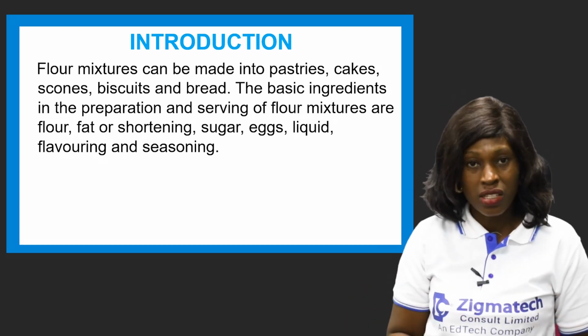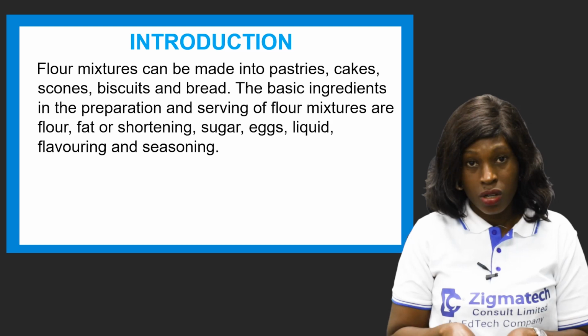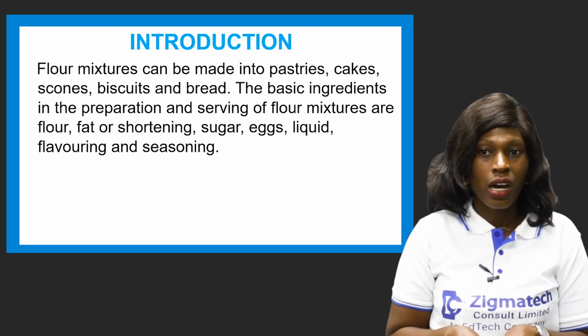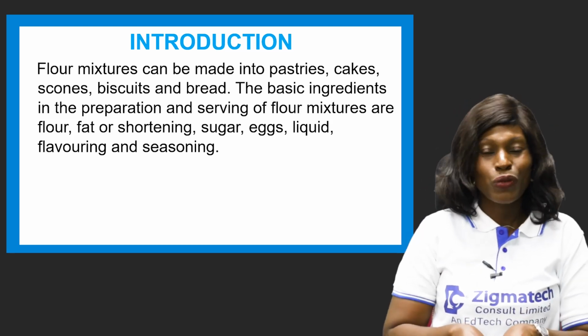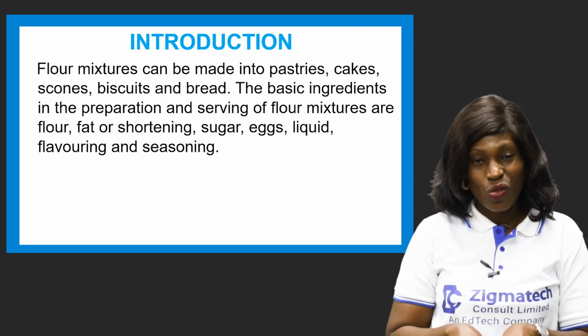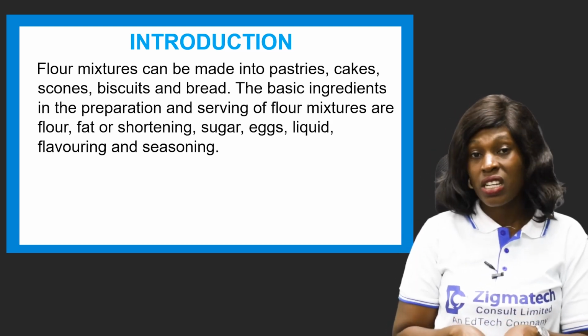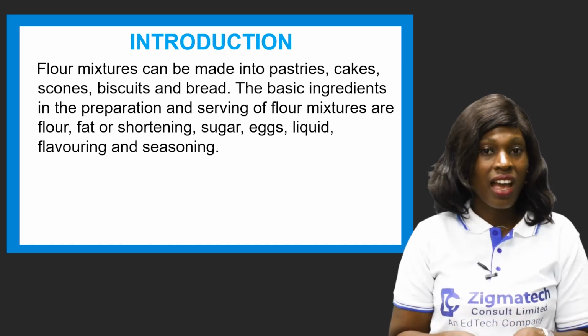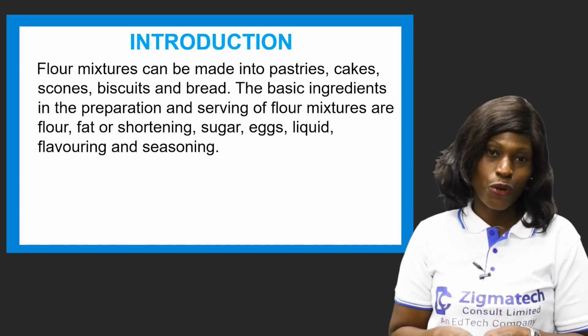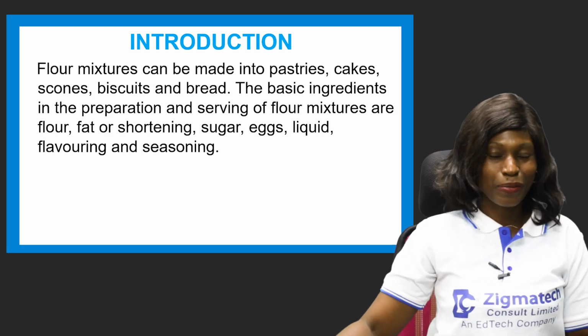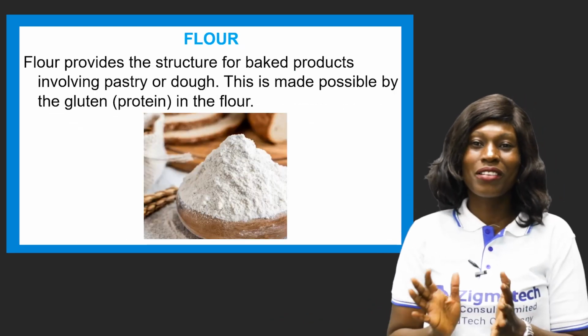You can add all of these. When you have all of this incorporated together to make a product such as your scones, your biscuits, your bread, your cakes, all of these are referred to as flour mixture.